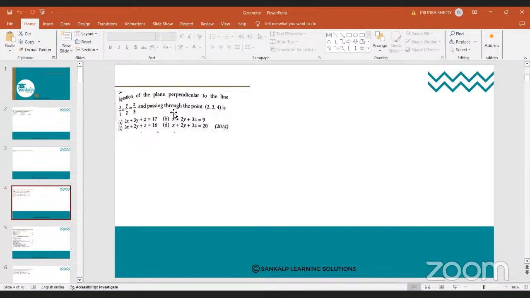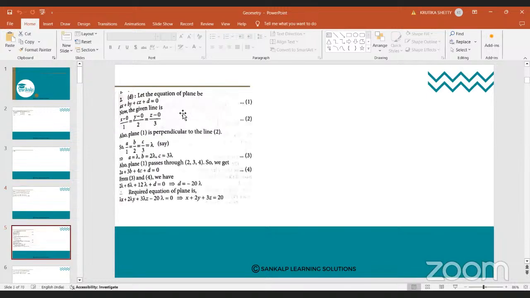To solve this, first we will consider the general form of a plane. Let the equation of the plane be ax plus by plus cz plus d equal to 0.